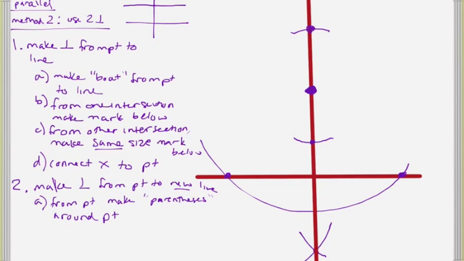And then the process becomes exactly the same as the other problem. So then we're just going to repeat B through D from above. So from one of those parentheses, we're going to make a mark. Then, using the same exact size compass, make a mark from the other parentheses.